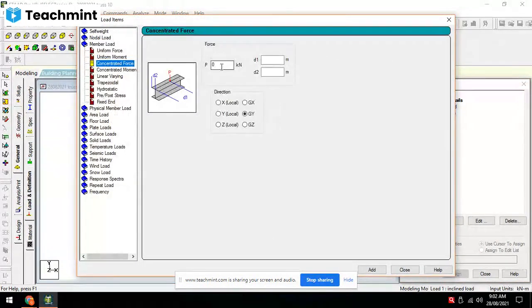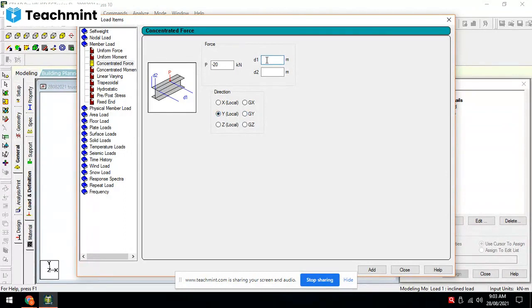So it is 20, minus 20, and you must change the direction now. As per default, we are applying global Y direction, but now I will change the global Y direction to the local Y axis.